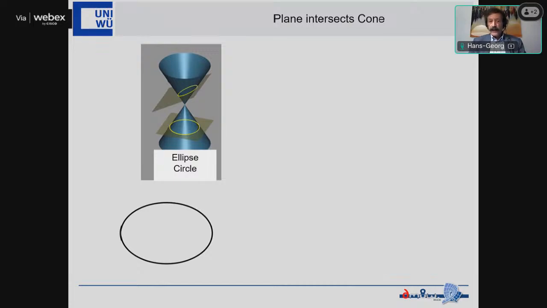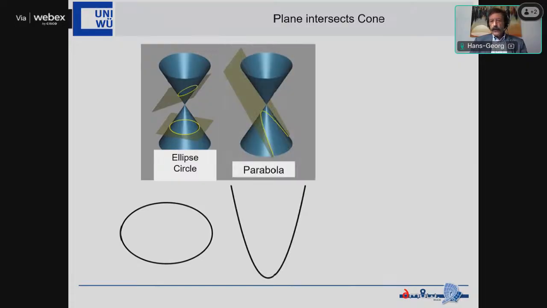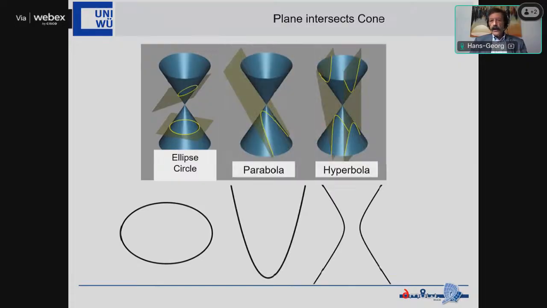You might get an ellipse. A special ellipse is a circle. You might get a parabola or a hyperbola. These are the three conic sections, and we will talk about these and what's the importance of these three curves.